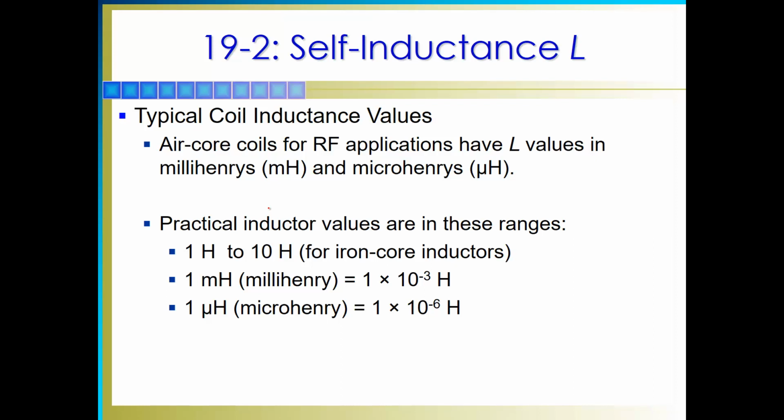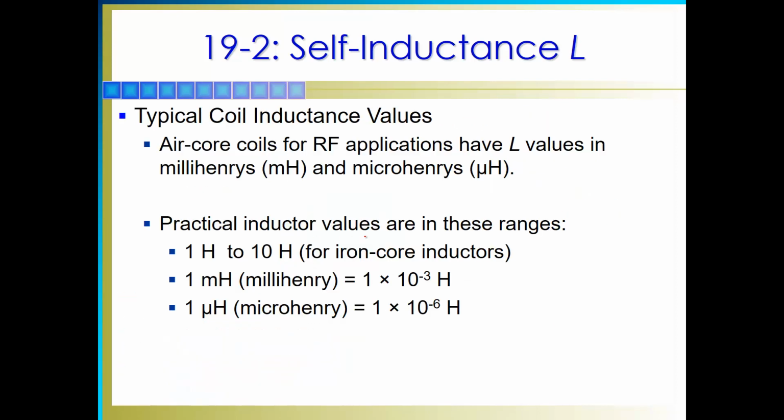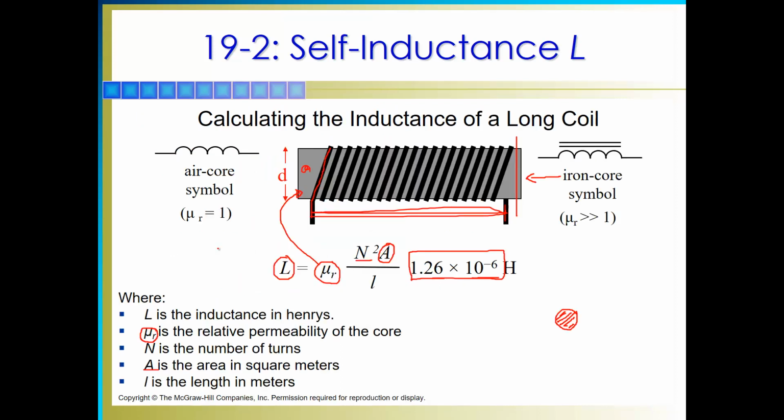So some of the typical values for coil inductance are anywhere from 1 to 10 henries. This usually happens when the core material right here is iron. But then we will be working with millihenries and microhenries depending on the material of the core. For example, the permeability of air.